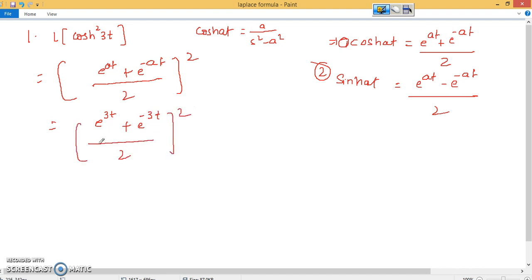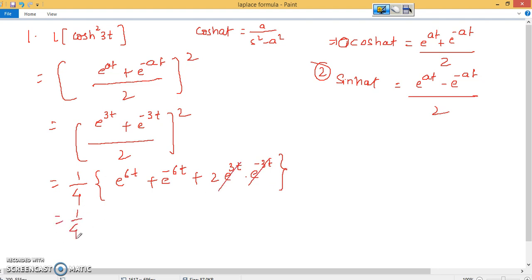Expanding a plus b whole square, 1 by 4 times e to the power of 6t plus e to the power of minus 6t plus 2ab, which is e to the power of 3t into e to the power of minus 3t. This gets cancelled, so we can write 1 by 4 times e to the power of 6t plus e to the power of minus 6t plus 2. This is by expanding cosh square of 3t.